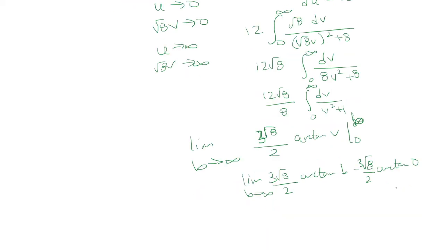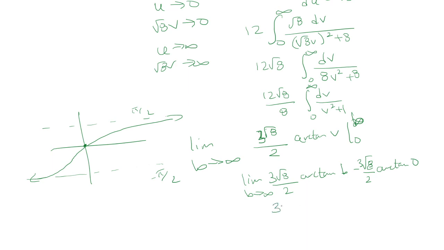The thing about arctangent is at 0 it's 0, and then there are horizontal asymptotes at pi over 2 and negative pi over 2. And it's going to go like this. So as b goes to infinity, arctangent is going to go to pi over 2.